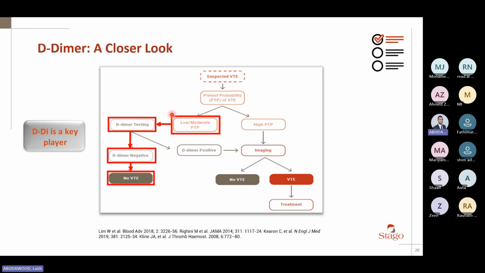D-dimer is not used for inpatients because these people have high chances of developing clots and D-dimer is not validated for them. So D-dimer is useful to exclude PE and DVT for low or moderate pretest probability patients who are outpatients. This is very, very important to know.